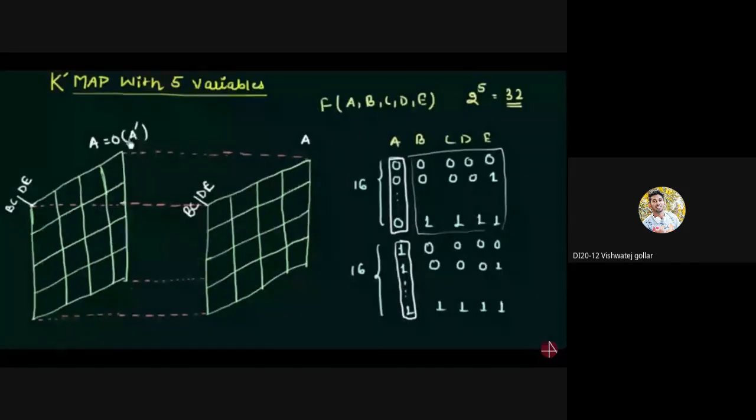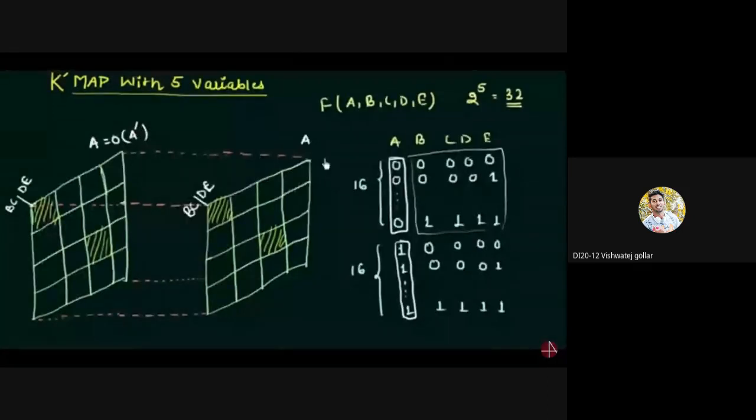For the second map, A is 1, and the rest of the things will remain the same, which means this cell coincides with this cell. Similarly, if I take this cell, it coincides with this cell. They are overlapping each other, they are the same. The only difference is that A is changed from 0 to 1.